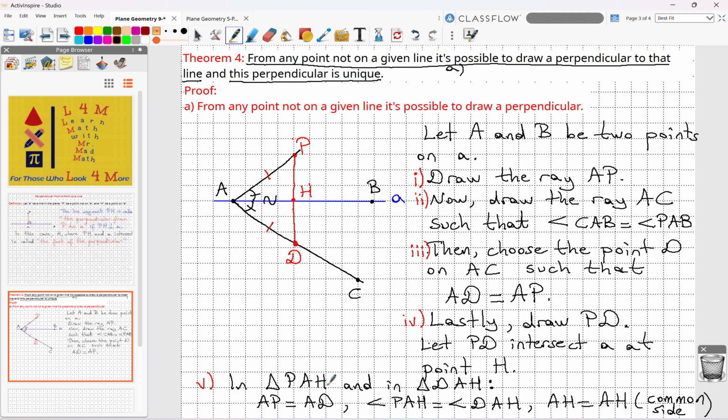So what do I see here in these two triangles? Side, angle, side. This is great. If I see side, angle, side, remember our previous video, plane geometry number 8. When I say side, angle, side, it refers to theorem number 3, just the previous theorem, about the first sign of congruent triangles.